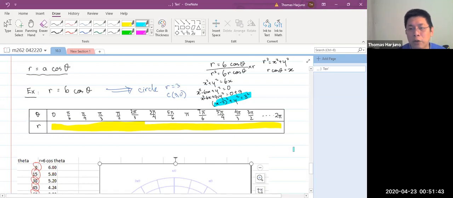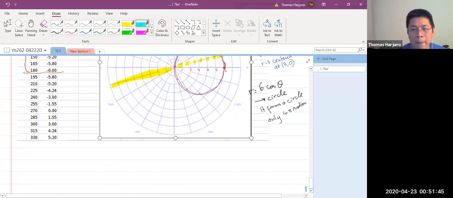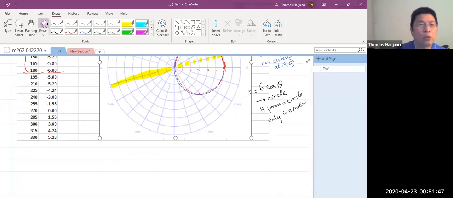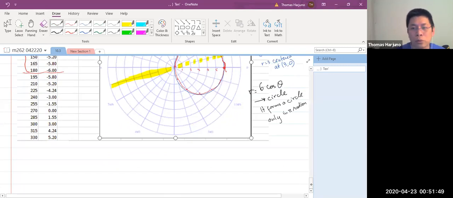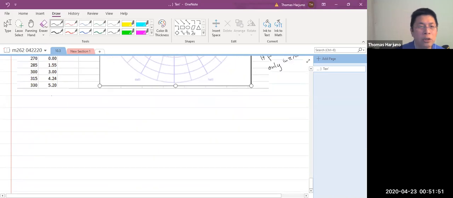Now, I'm about to give you a break. But during this break, I would like you to also do, it will take you nearly forever if you are slow though, r equals to, let's say, 8 sine theta.